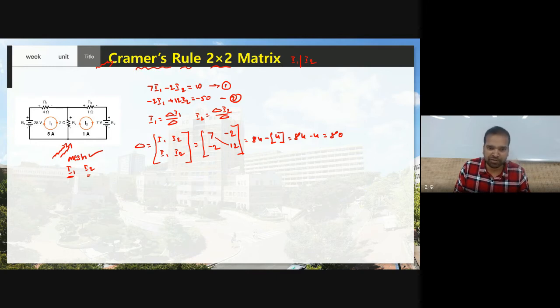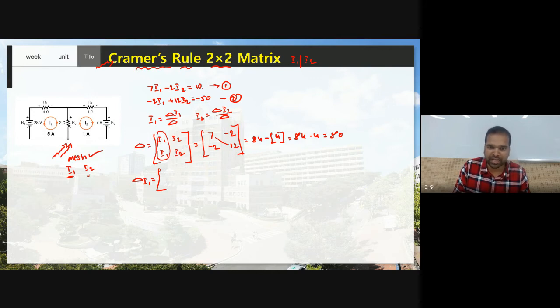The next one we need is delta I1. If I want to write delta I1, wherever I find the I1 terms in the delta, I need to keep the constant values from equation 1 and equation 2. What are the constant values? 10 and minus 50. I need to keep 10 and minus 50 in the I1 column of the delta. This is the I1 column, right?